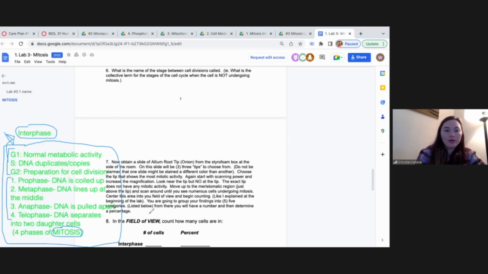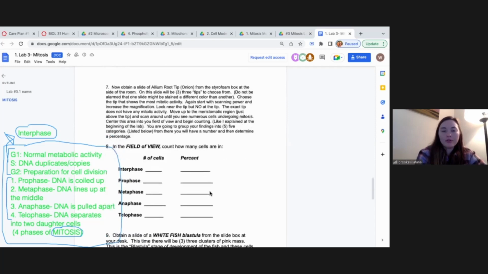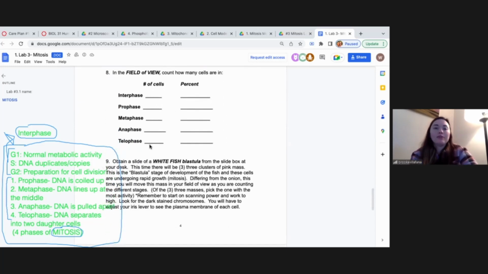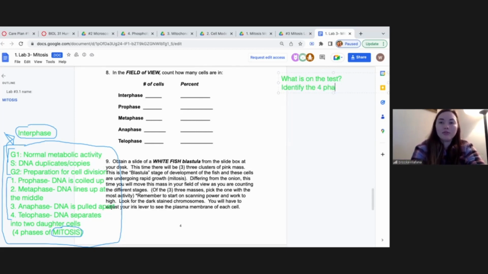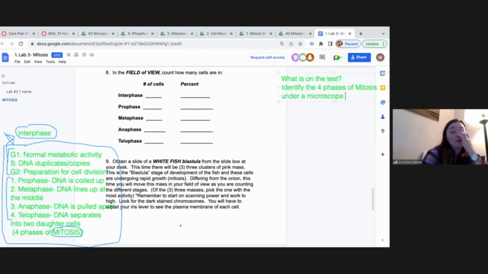So now let's get down to the nitty-gritty part of this packet, what is on the test. This is the part we're doing now that'll be on the test. Identify the 4 phases of mitosis under a microscope.